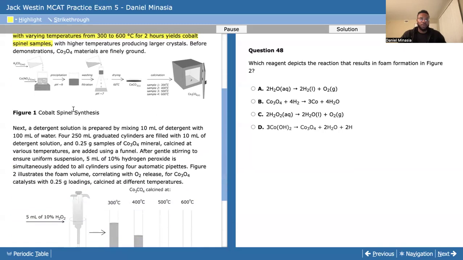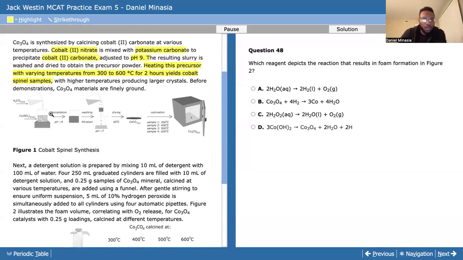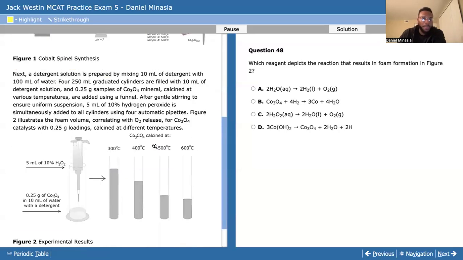Okay, cool. So figure one is cobalt spinel synthesis. And we see the potassium carbonate, we see cobalt 2 nitrate, we see precipitation at pH 9. Okay, they wash it, filter it, they dry it at 60 degrees Celsius, and we get our, I guess, cobalt carbonate. Okay. Yep. All right, cool.